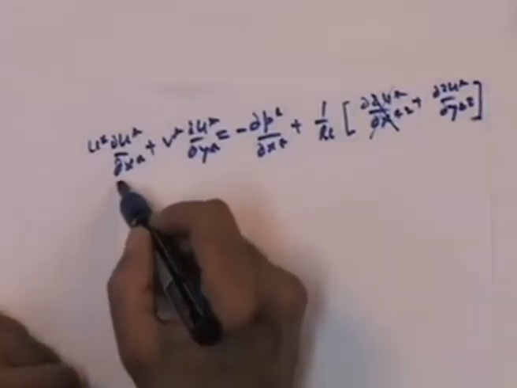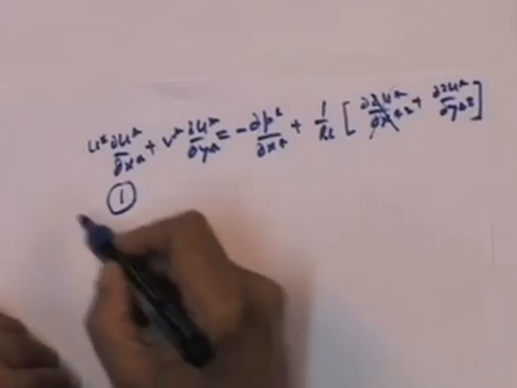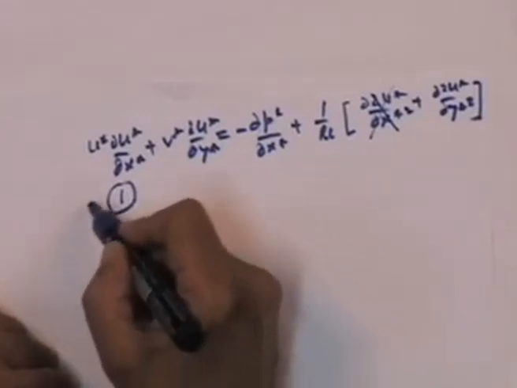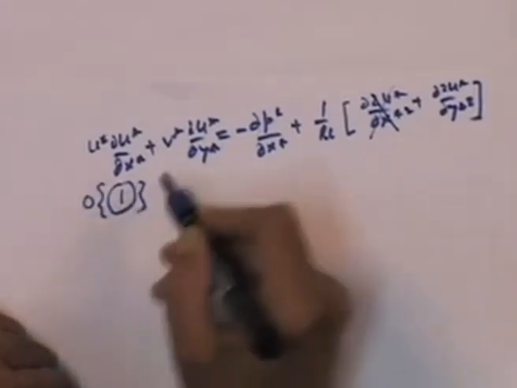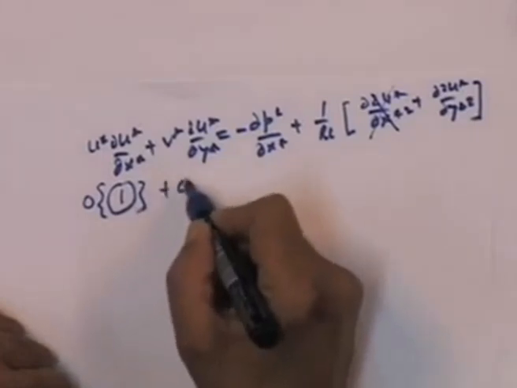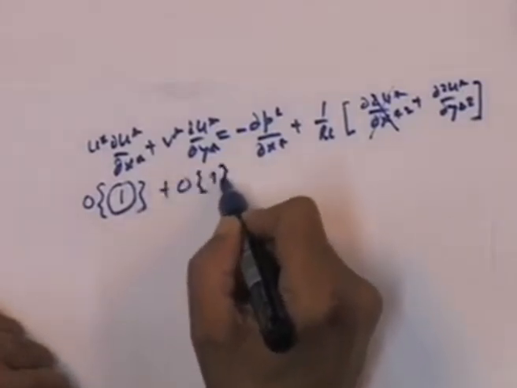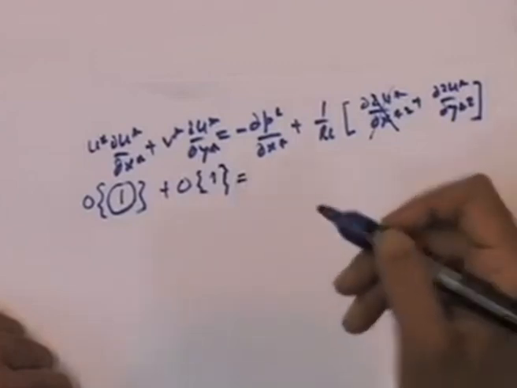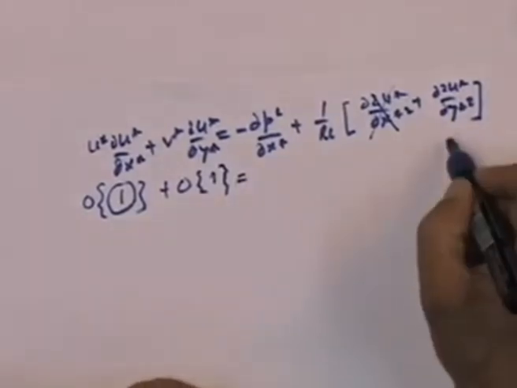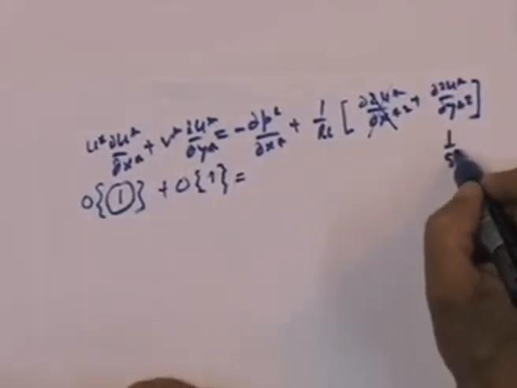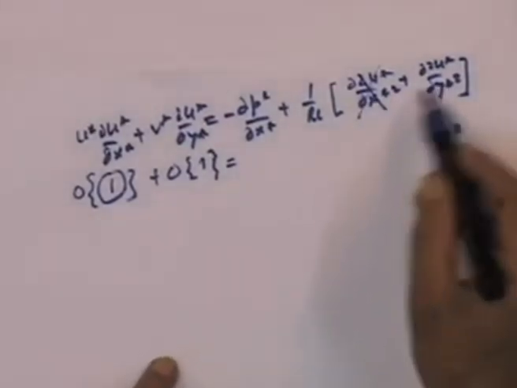Now, this term as a whole is of the order 1. This is also of the order 1. And this term is of the order delta square. But Prandtl did say that you must have effect of viscosity included if you wanted to predict the drag, which means one of these two terms must be included.